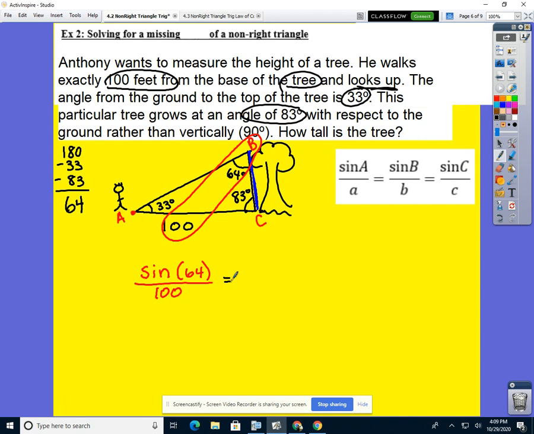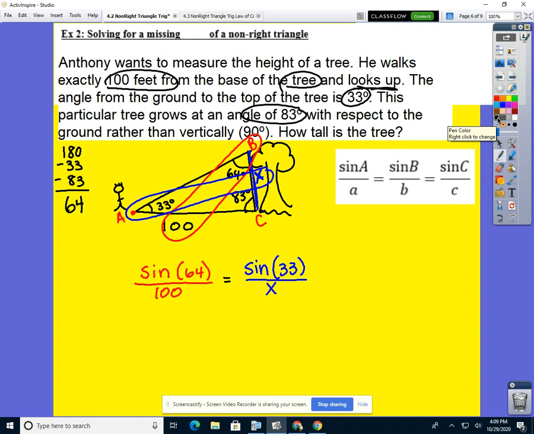Then I have to look for this unknown, this X, this side of the tree that I have in blue, and that is going to match up with this angle. So I've got sine of 33 over X. Then I can just push forward and keep working to solve.